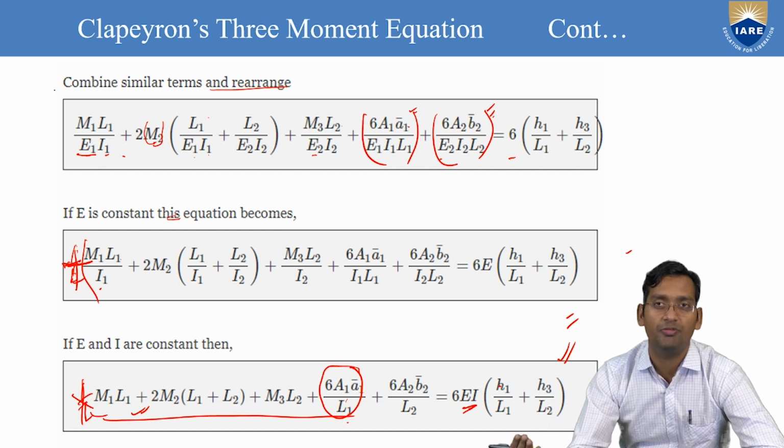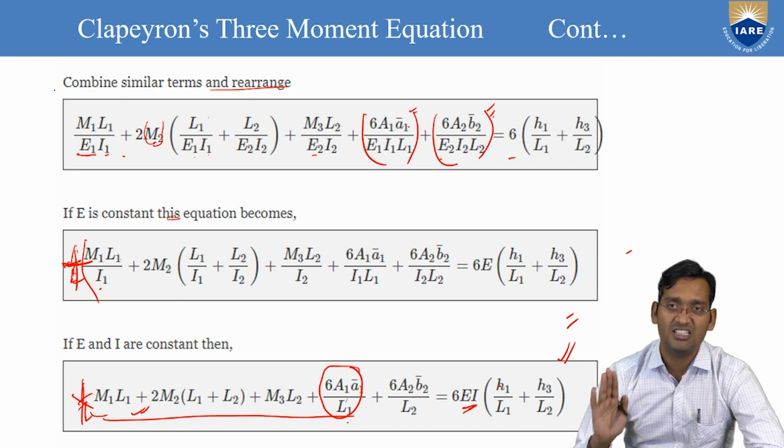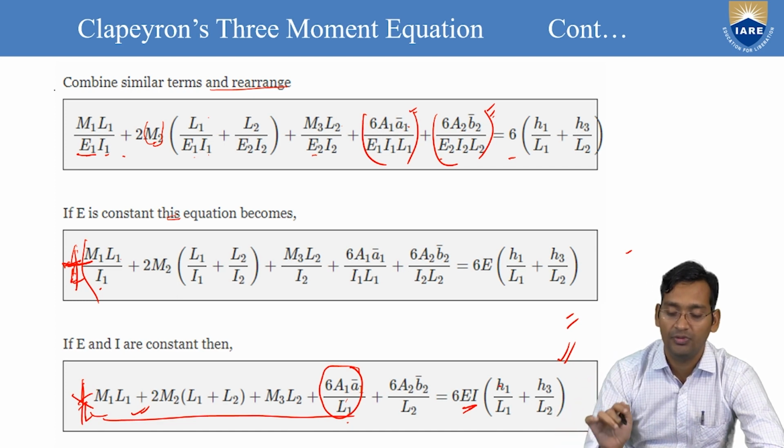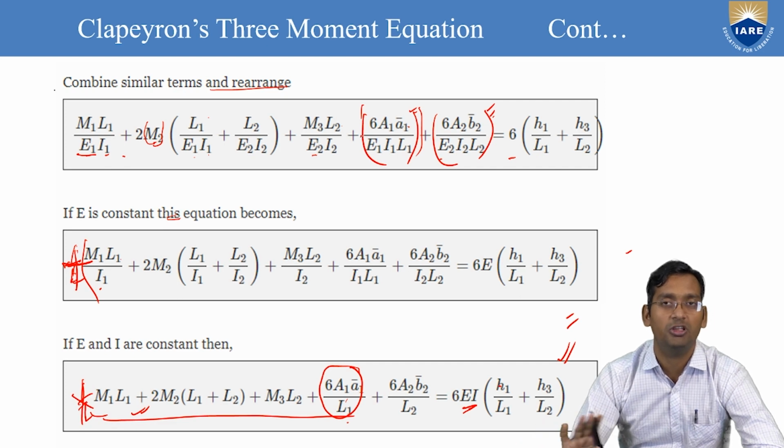For point load it will be different, for uniformly distributed load it will be different, for point load acting at the midpoint it will be different, or if acting at some particular distance, it will be different. Just take the value from that chart and put it. That's all. Remaining everything will be same.